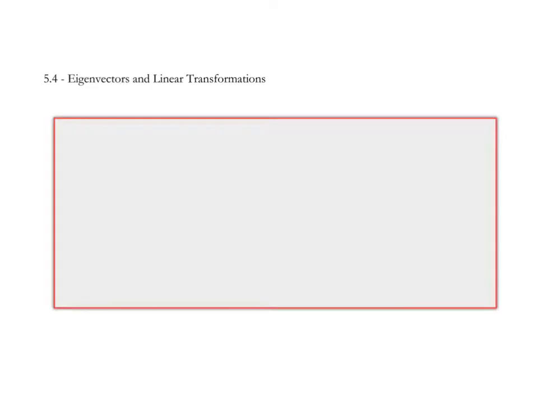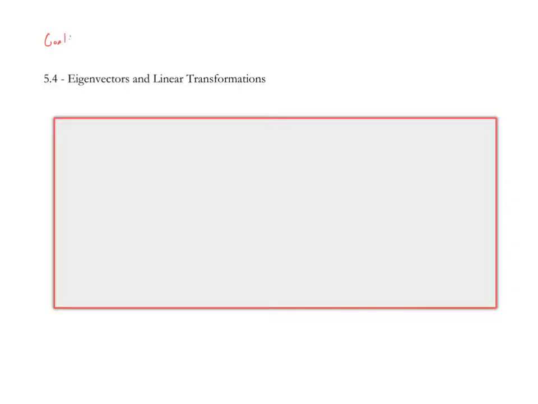Today we are covering section 5.4, Eigenvectors and linear transformations. I'm going to show a picture in just a moment that I drew. But let me write down what our goal is in this section, because we've been working with eigenvectors and eigenvalues for a few sections now.